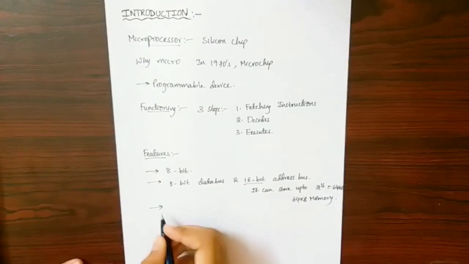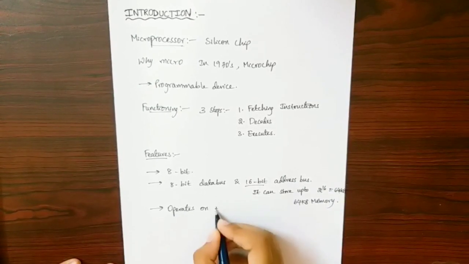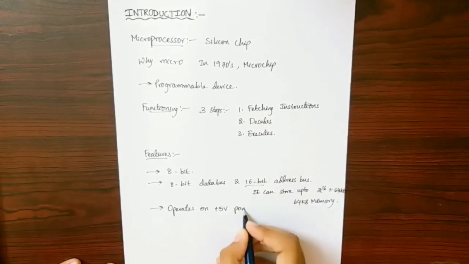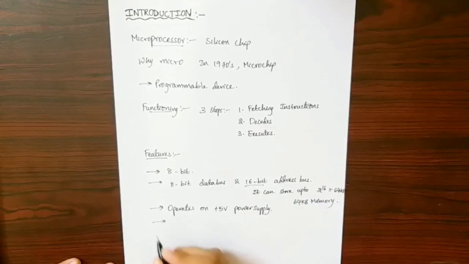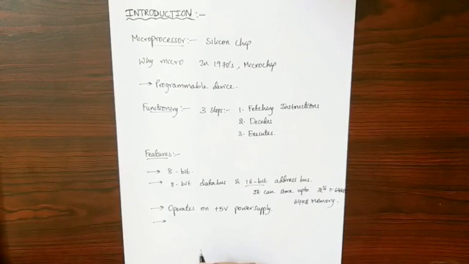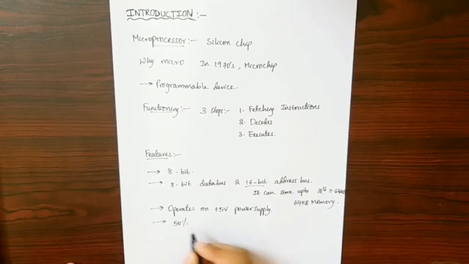And it operates on a +5 volts power supply. The 8085 microprocessor operates on a clock cycle with 50% duty cycle.